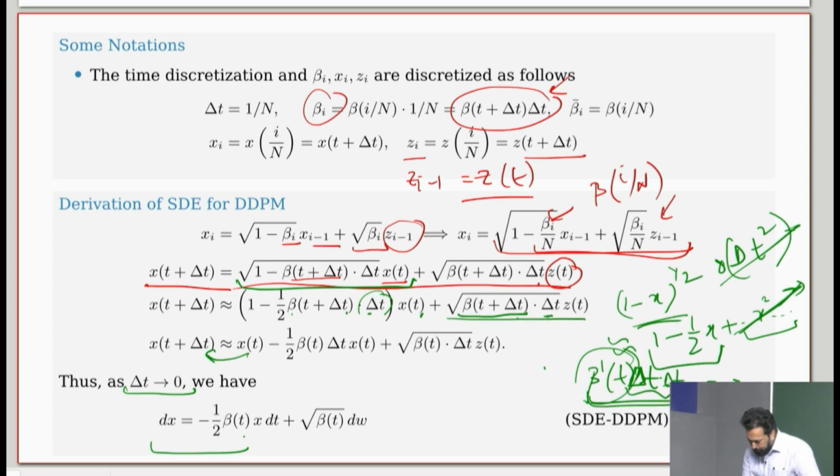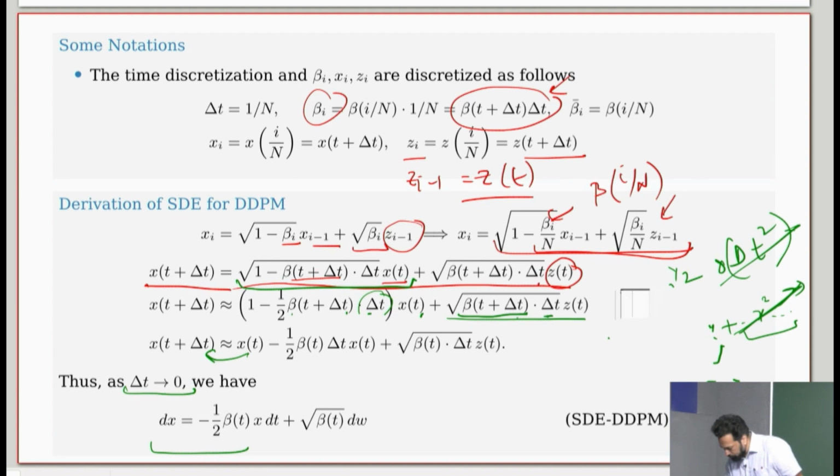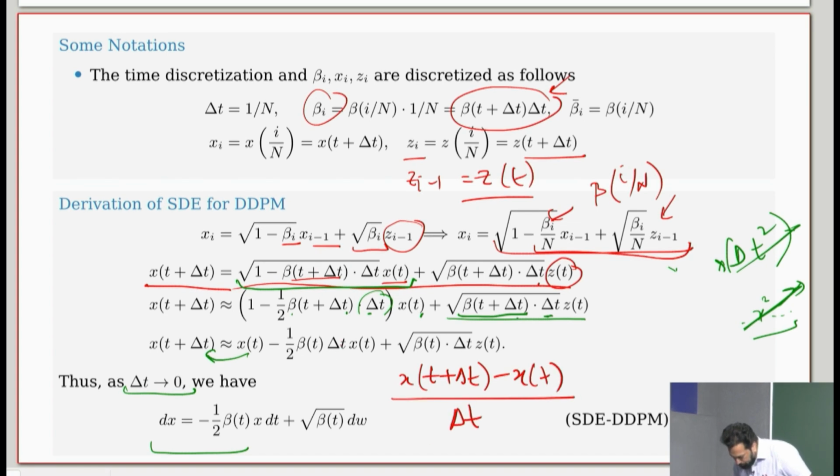If we divide by delta t, we have xt plus delta t minus xt, and then we divide by delta t. When we divide by delta t, this goes away.